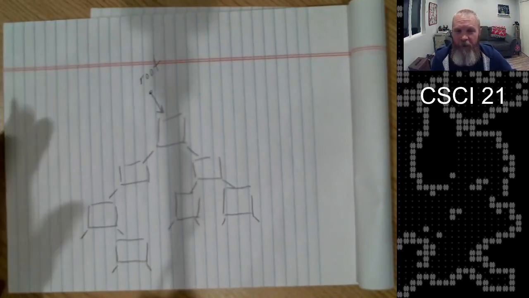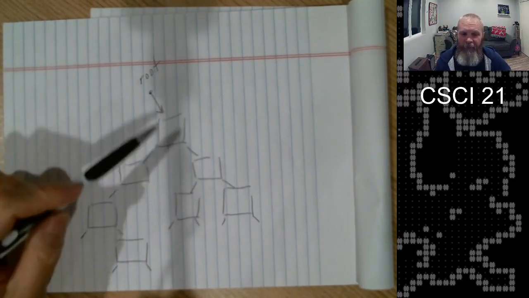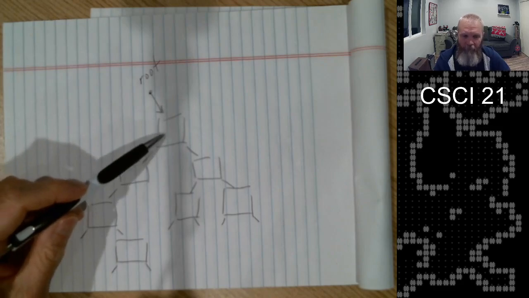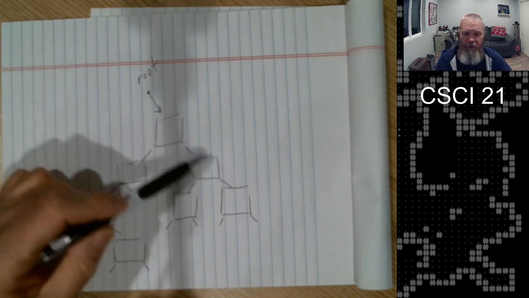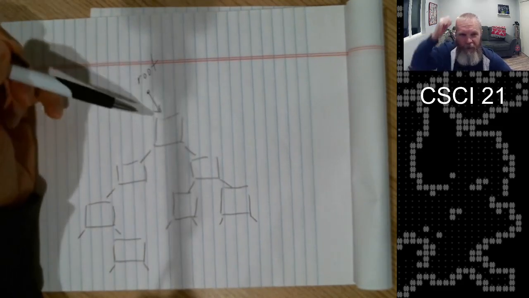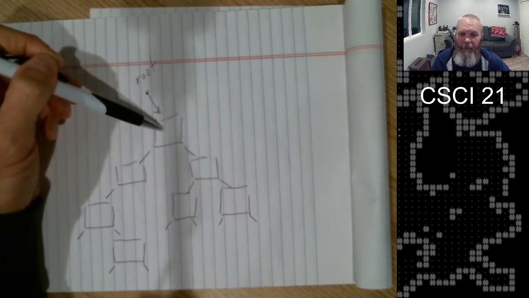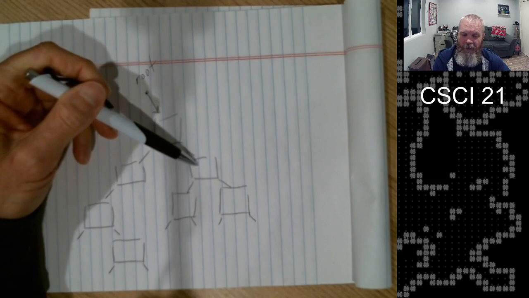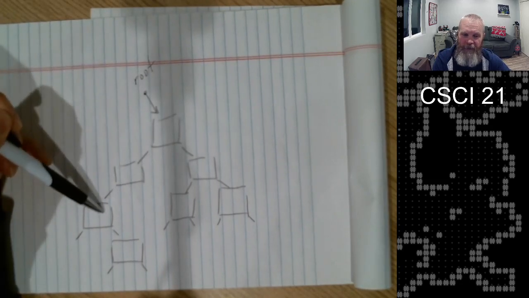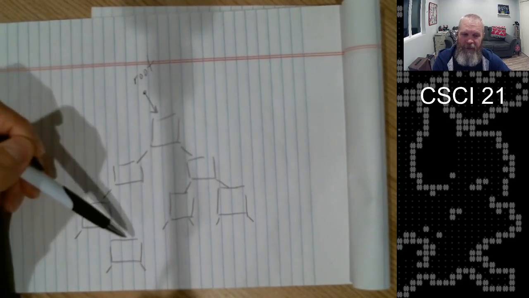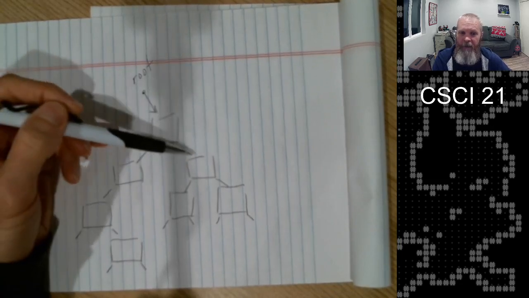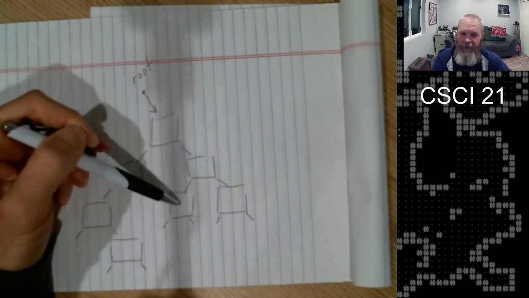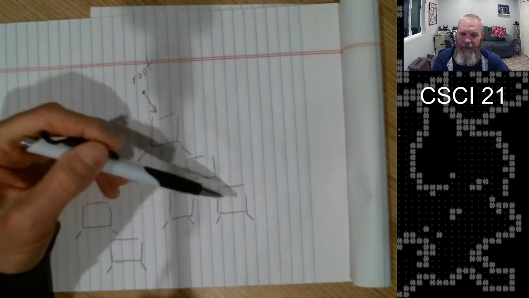So here's what trees can end up looking like. It's a bunch of nodes chained together in a family tree. Here's the root node, and then you have the root node's left child, right child, the left child's left child, the left child's right child, the right child's left child, and the right child's right child.